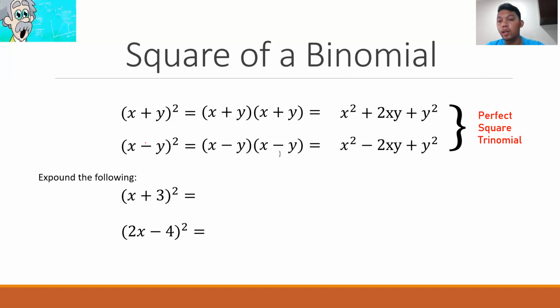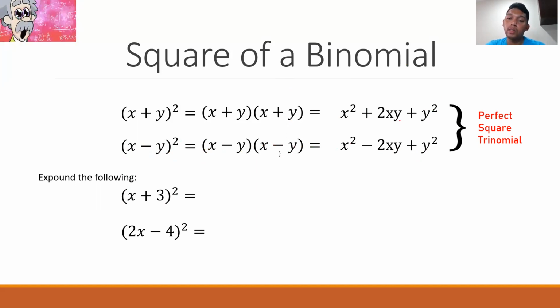I didn't include it in the illustration, but if you follow the same process earlier, it will eventually come to this pattern: x squared minus 2xy plus y squared. So x minus y squared can be written as x minus y times x minus y.